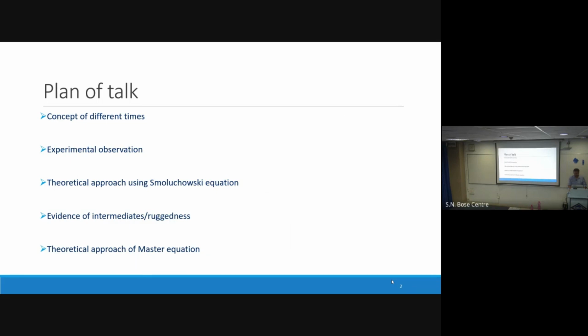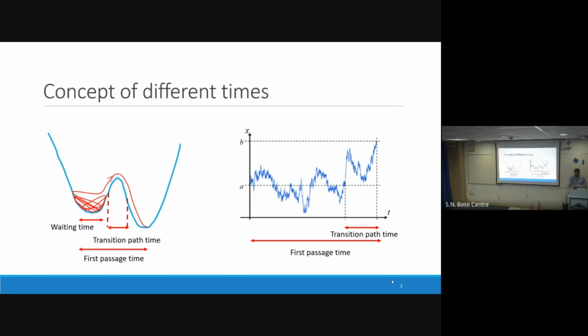Then we'll go to our theoretical approach, and again I will come back to the experimental evidence that suggests our theory is valid, and finally I'll end up with a new approach that we introduced in transition path dynamics. So with that, I'll start with the concept of different times.